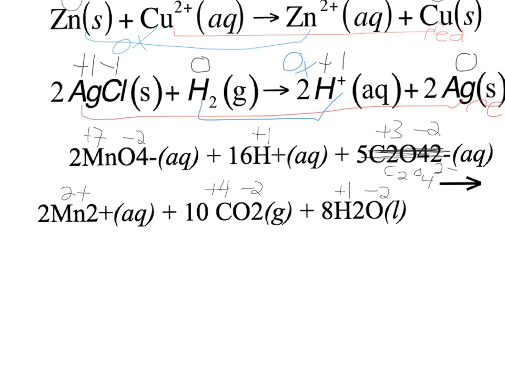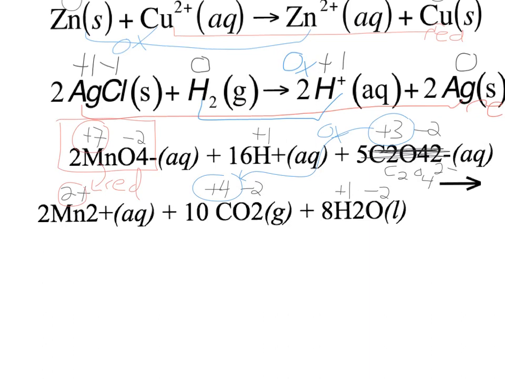So we look at all of that to find the changes, and we see that the manganese is going down. That's being reduced. And we see that the carbon is going from 3 to 4. That's being oxidized. Now, we wouldn't say the carbon necessarily is oxidized and the permanganate is reduced. We always talk about the reactants, but in this case, we have to talk about the whole molecule itself.